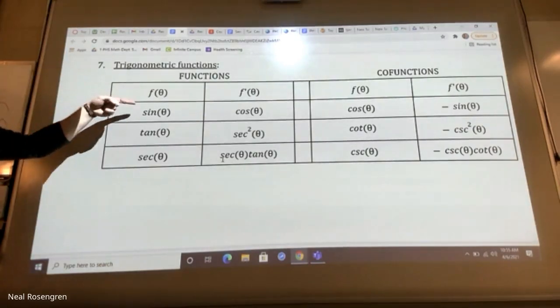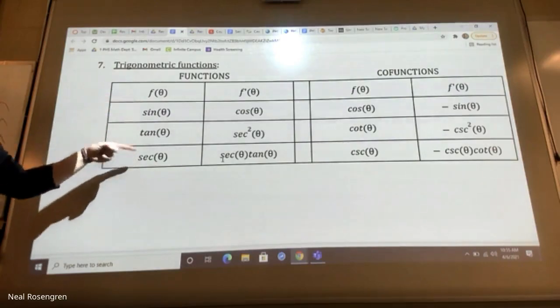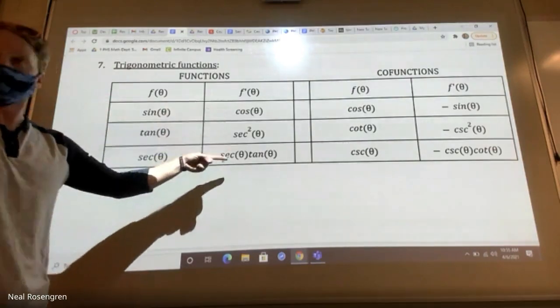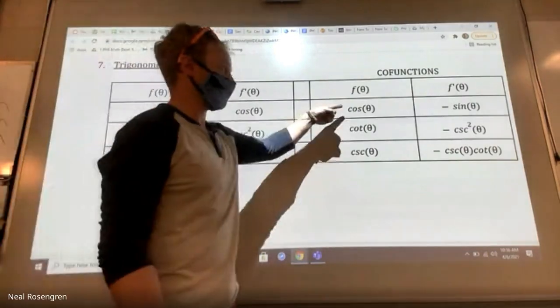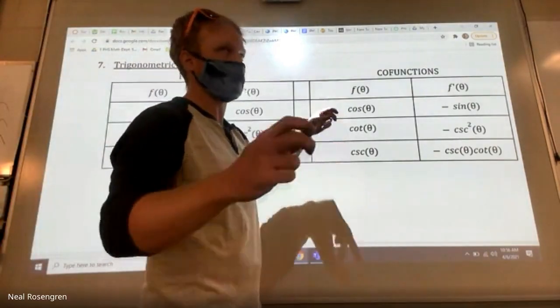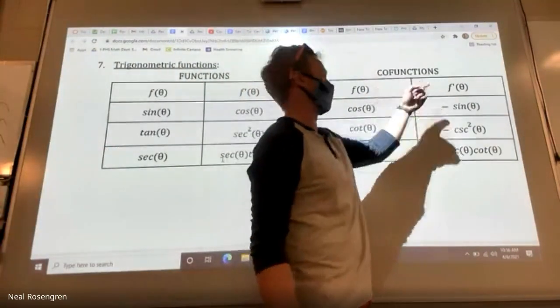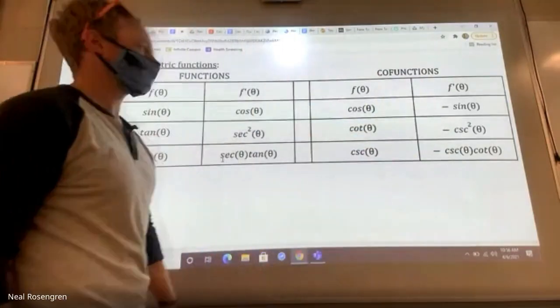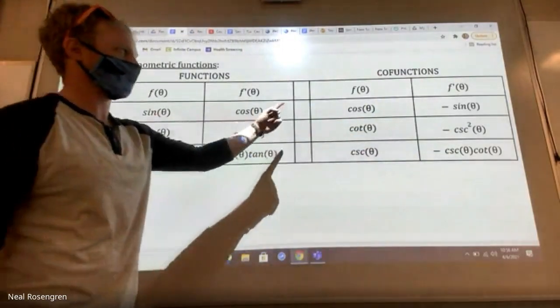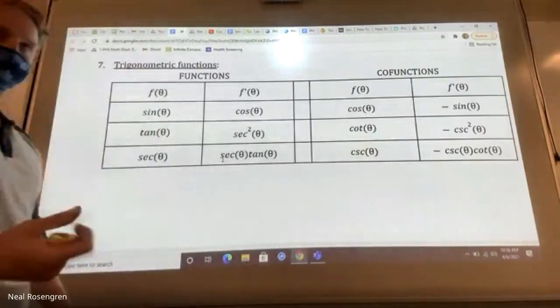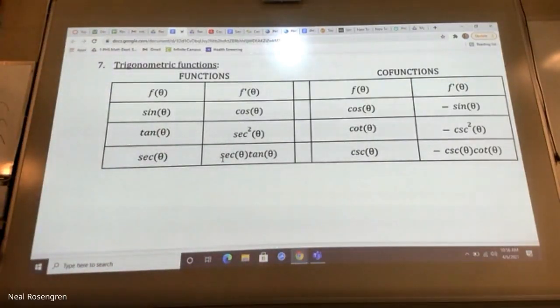If it does not have a co in the name, the derivative is positive. If the original function does have a co in the name, so the cofunction, it's negative. Sine is cosine. Cosine is negative sine. Switch the sign, use the cofunction.